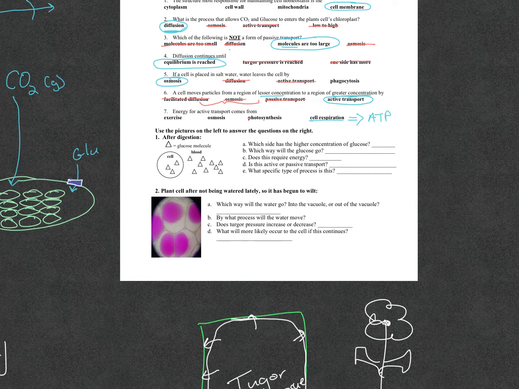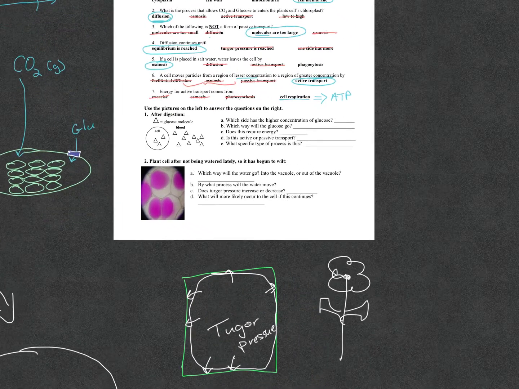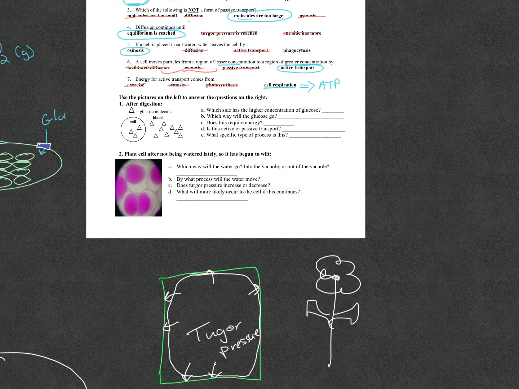They did mention it in the previous chapters. Photosynthesis captures energy and puts it into glucose, into sugar. Osmosis does not provide energy for active transport, and exercise uses energy, doesn't make energy. Again, another kind of not great question, but the best answer is cellular respiration.